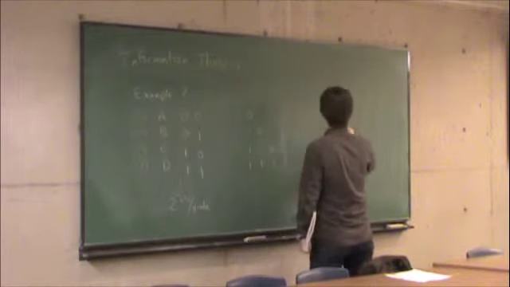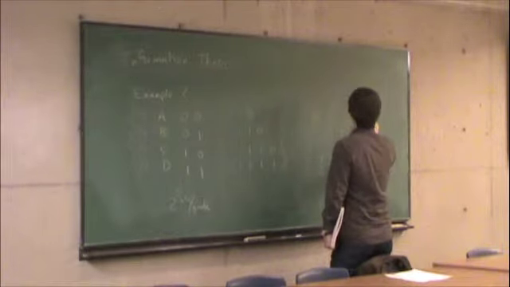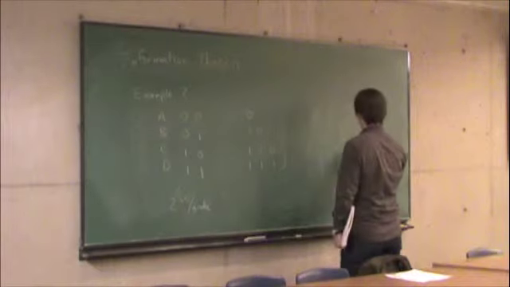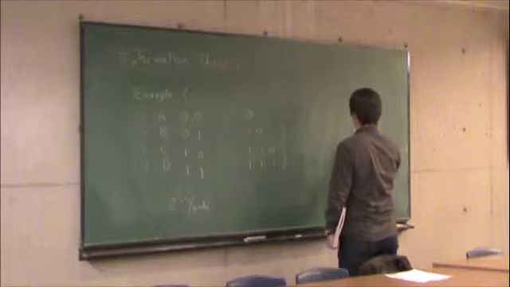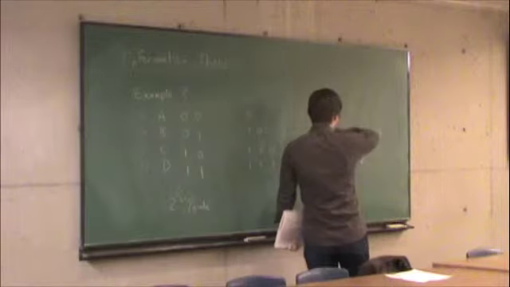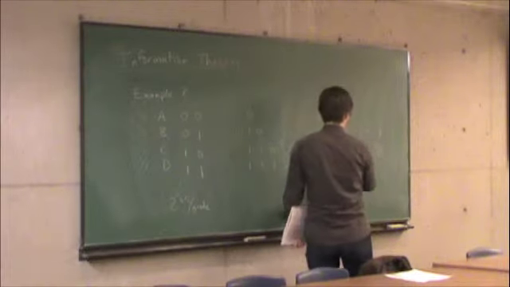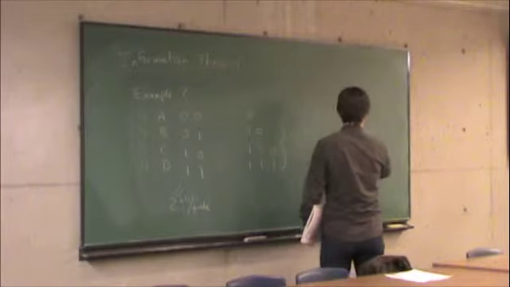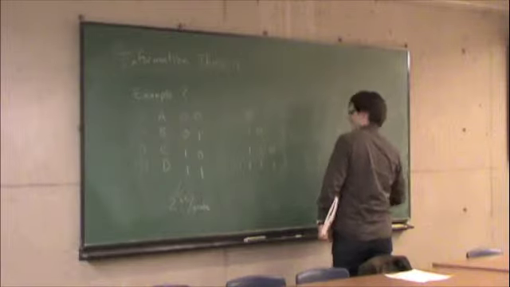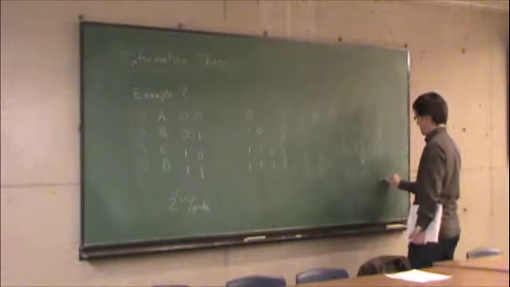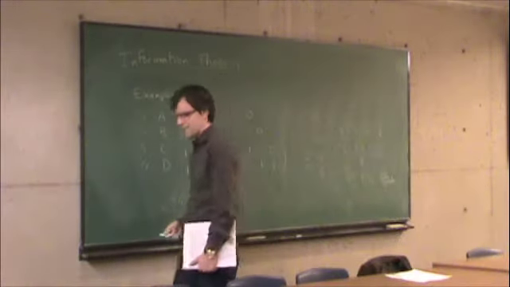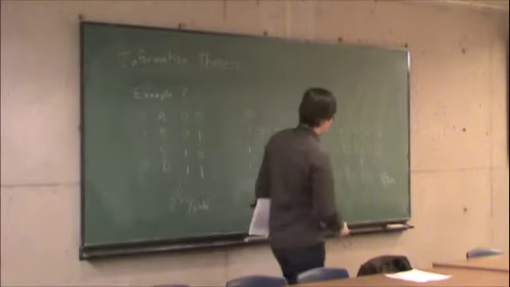So basically I have 1/2 plus 1/4 plus 3/8 plus 3/8, which, if I translate that all into 8s, is 4 plus 2 plus 3 plus 3 over 8, which is equal to, okay, 4 plus 2 is 6, plus 3 is 9, plus 3 is 12, that's 12 over 8, which is equal to 1.5 bits per grade. So, this is the naive way, this is the compressed way.